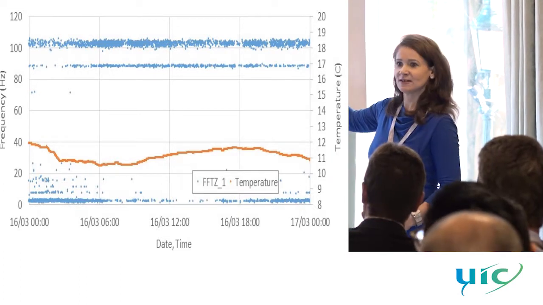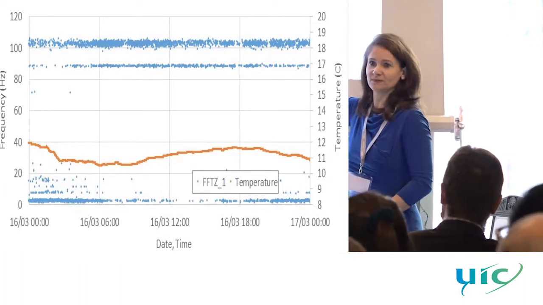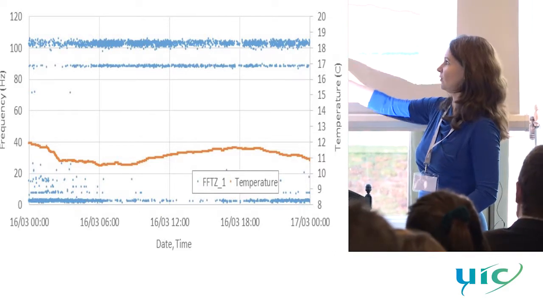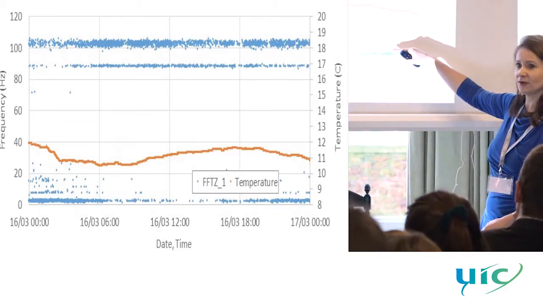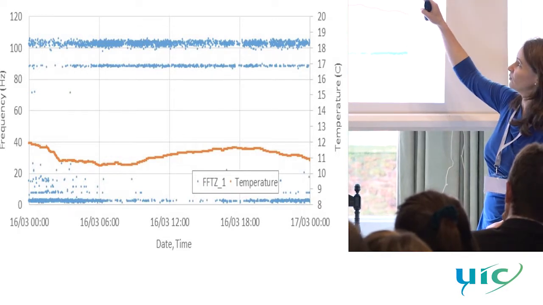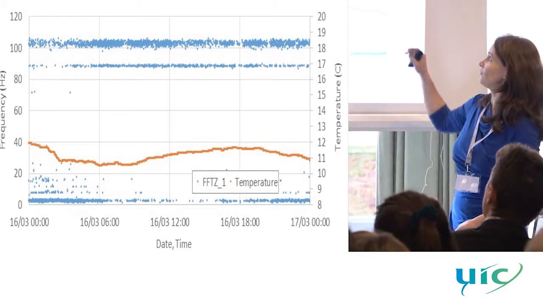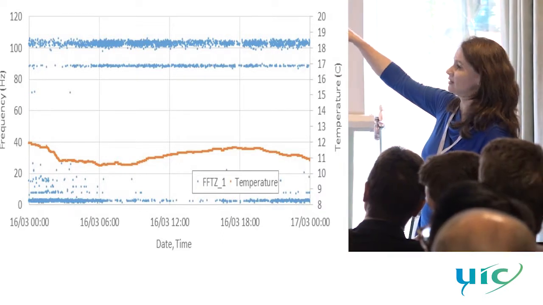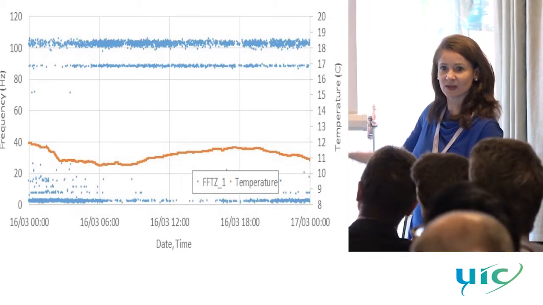Can you see differences in the density of the blue dots? During the night, you've got more dots lower down, about 2 or 5 hertz. During the day, you've got more frequencies around 90 or 100 hertz.